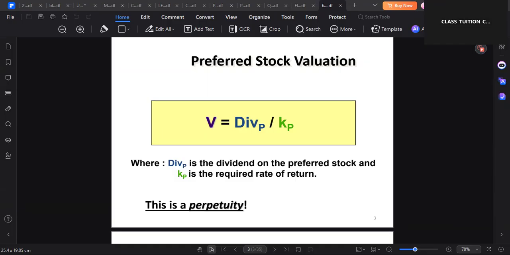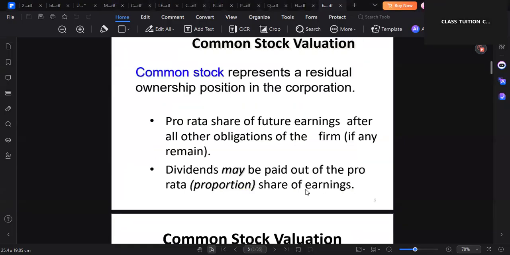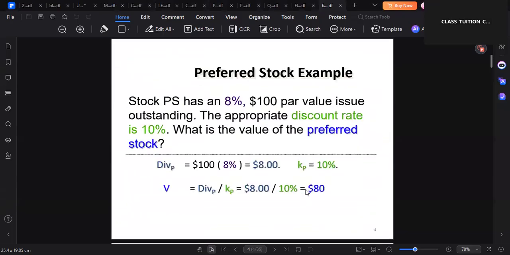From our example here, we have 8%, $100 par value, and the required return is 10%. We want to calculate the value of preferred stock. So what do we do? Our dividend paid is 8 because we calculate 8% times 100.